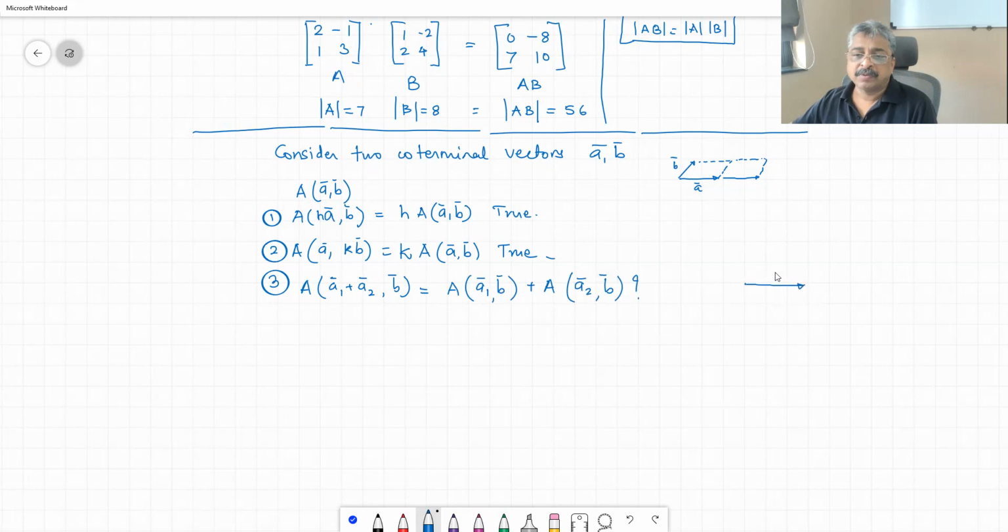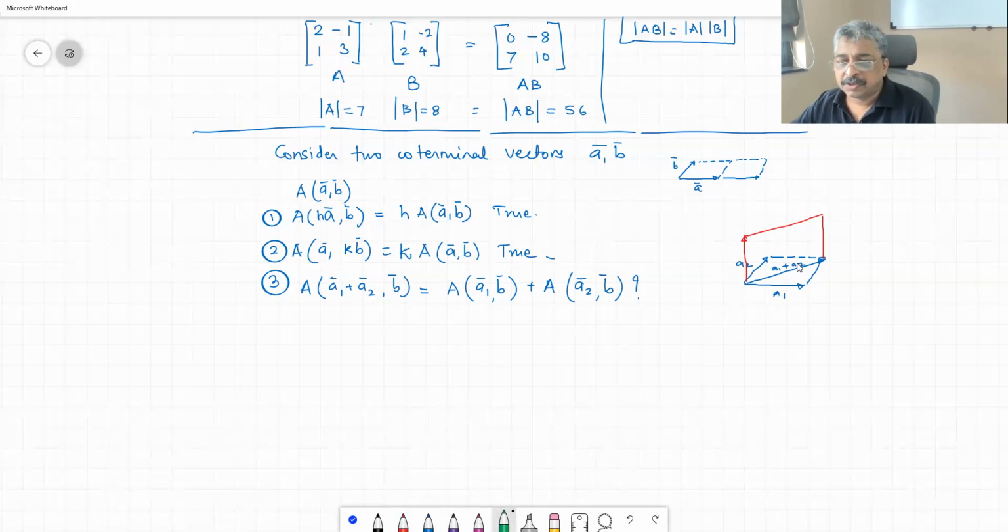Vector A1, vector A2, vector A1 plus A2, and vector B. Then we are looking for LHS is this, and RHS is this plus this.